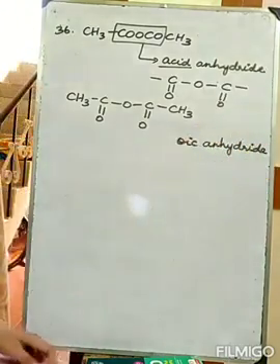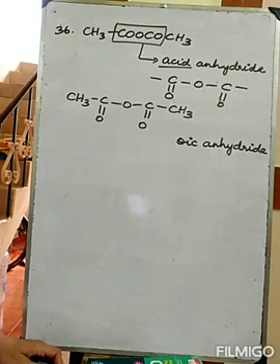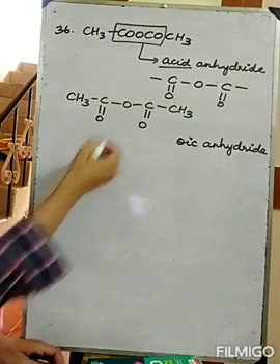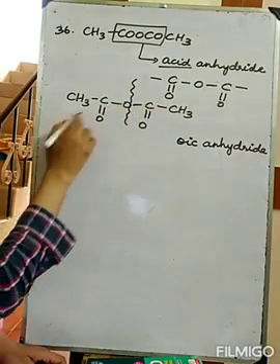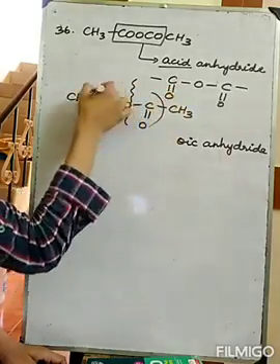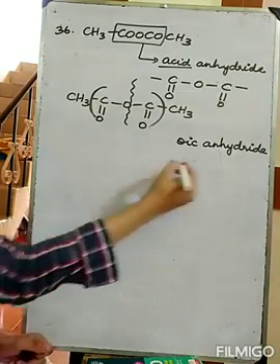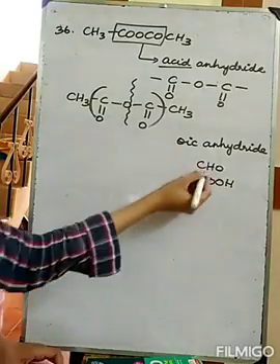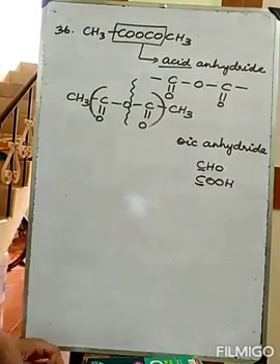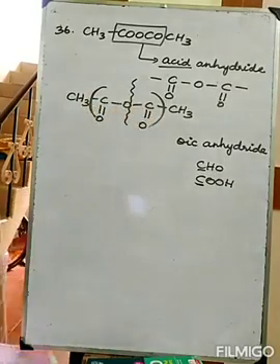But while counting, you have to divide it into 2, and you should not count the carbons present in the functional group. Usually, for aldehyde group CHO or acid group COOH, you count the carbon in the functional group also. But for this you should not.